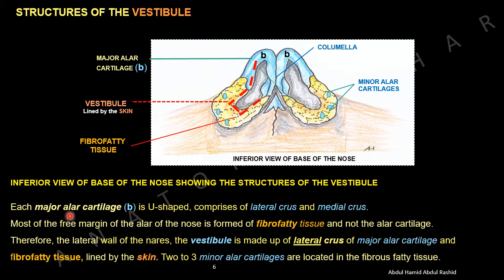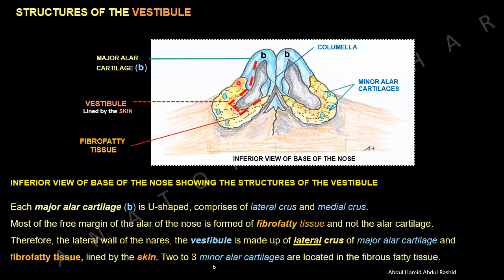Each major alar cartilage is U-shaped and comprises a lateral crus and a medial crus. Most of the free margin of the ala of the nose is formed by fibrofatty tissue and not by alar cartilage.